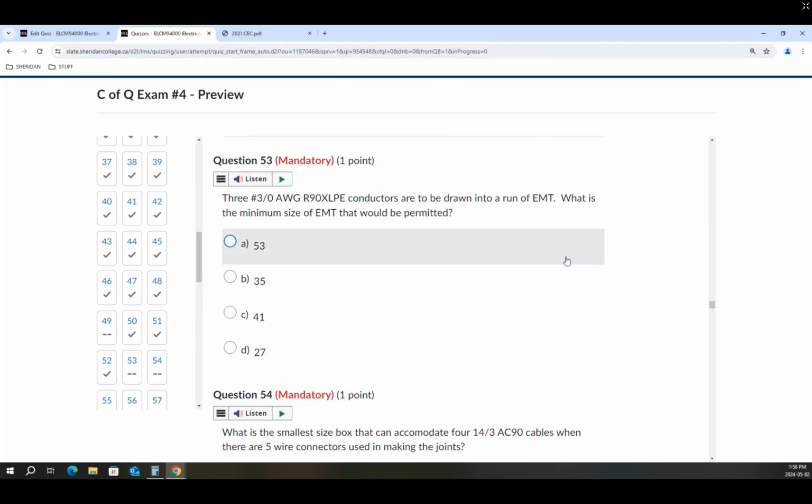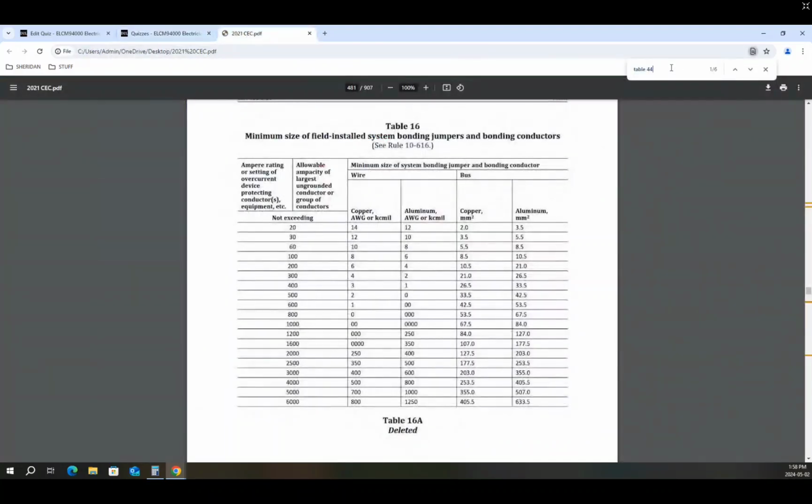53. 3/0 R90 conductors are drawn into a run of EMT. What's the minimum size that would be permitted? This is wiring. I'm going to 12.